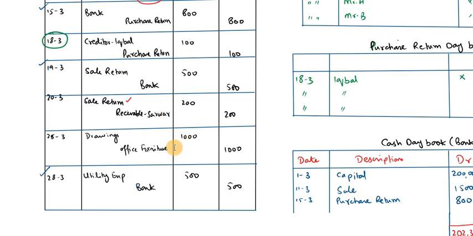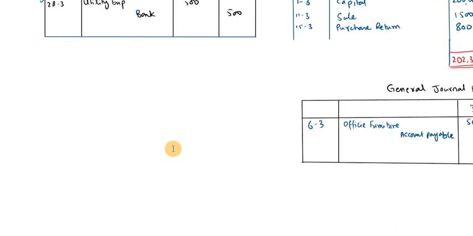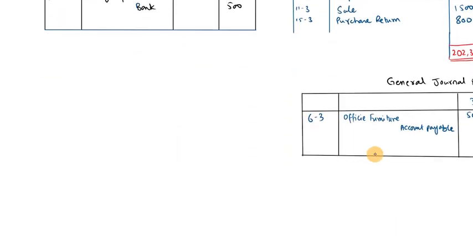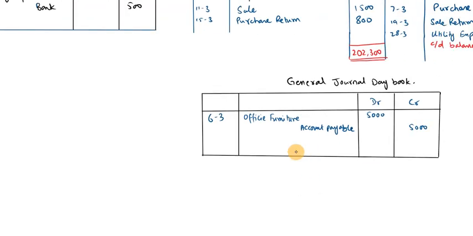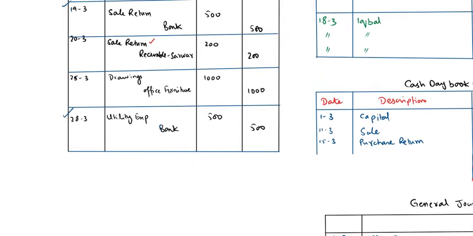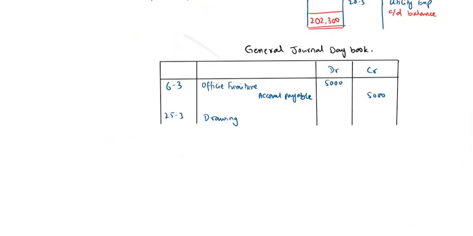So on 25th March we have another entry. On 25th March we have drawings debit, and the credit will be the office furniture.